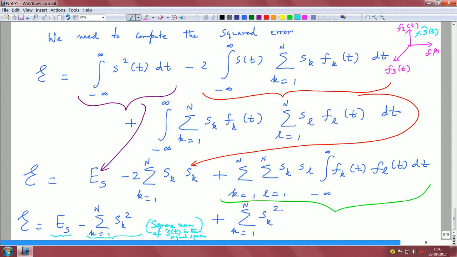I think it is a pretty interesting result. It seems intuitive that if you have a complete basis, this error should be 0. If it is not a complete basis, you have a residual error, right. So now the question one has to ask is, can we construct a complete basis for a particular signal set?